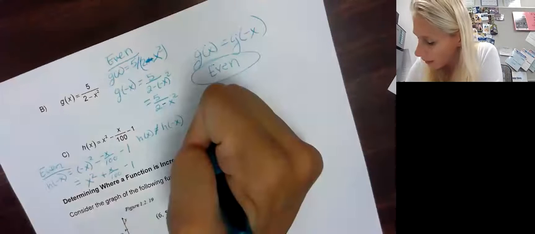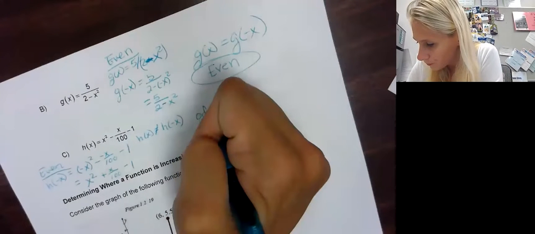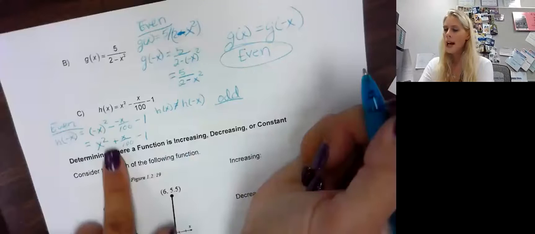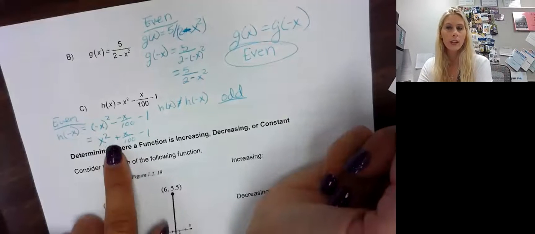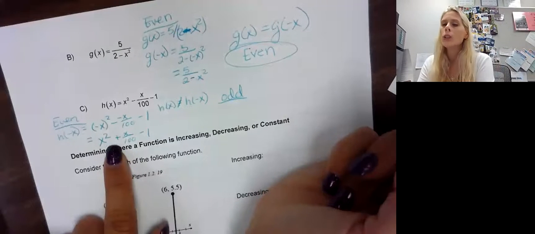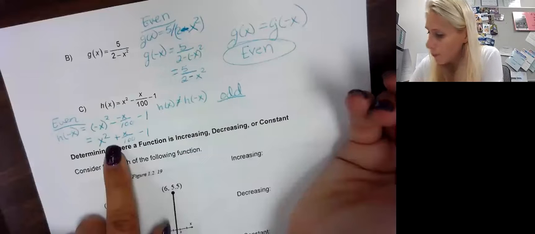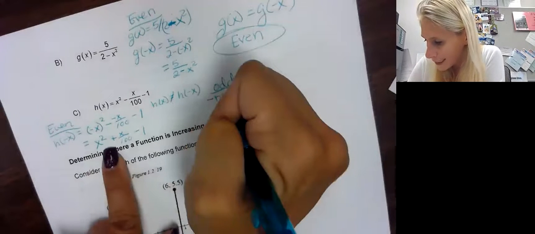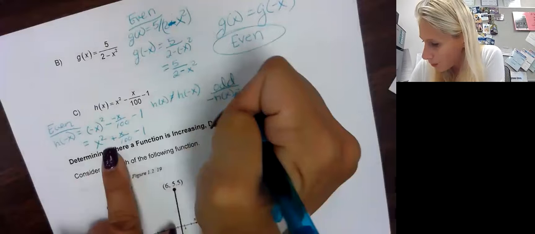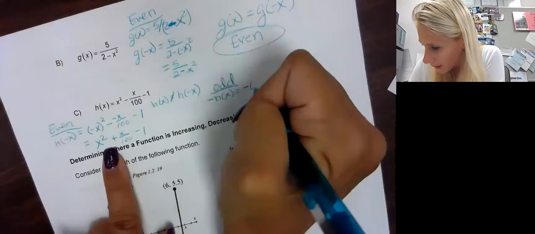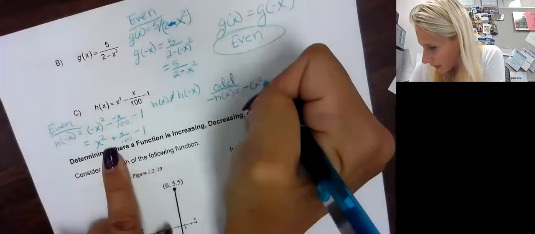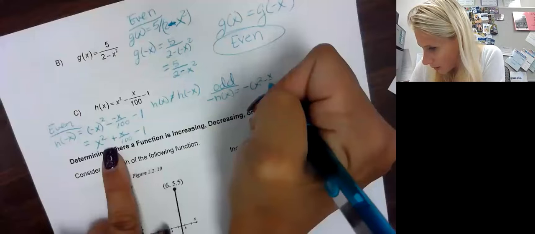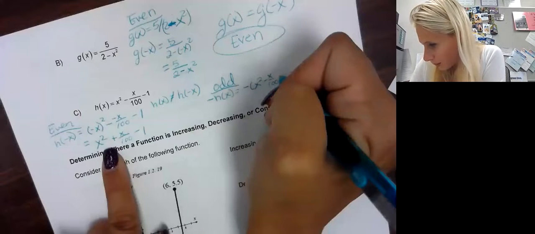So now let's try odd. We already have h of negative x right here, so I'm not going to write that again just for the sake of room. But I do need to try negative h of x. So that would be negative times x squared minus x over 100 minus 1.